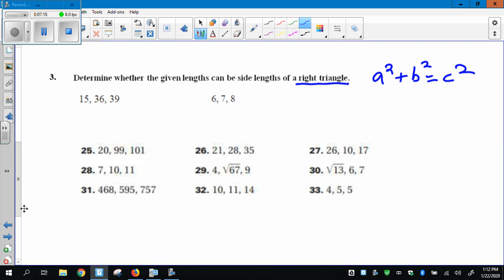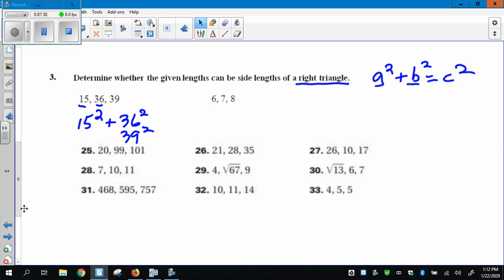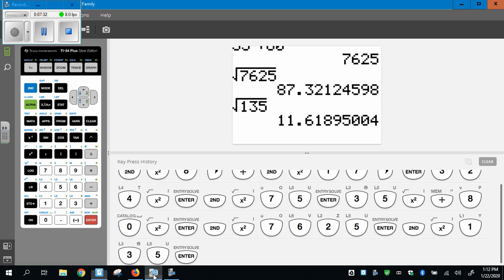If it's not a right triangle, then that won't be true. Now, the a and the b are always going to be the shortest sides, so whatever numbers here are the shortest, that would be your a and b. So I'm going to do 15 squared plus 36 squared, and I want to see if that's the same as 39 squared.